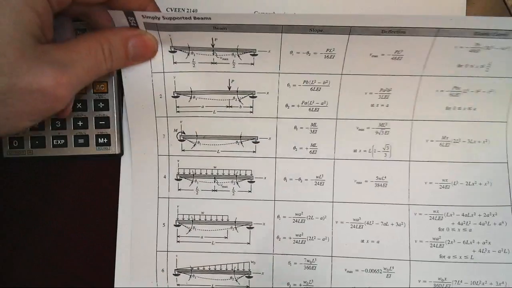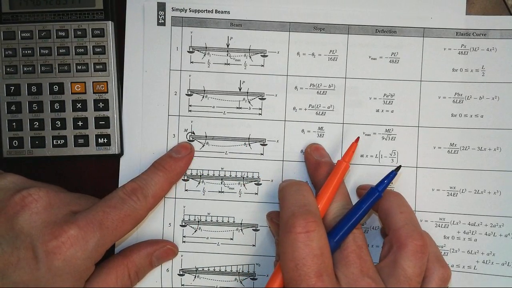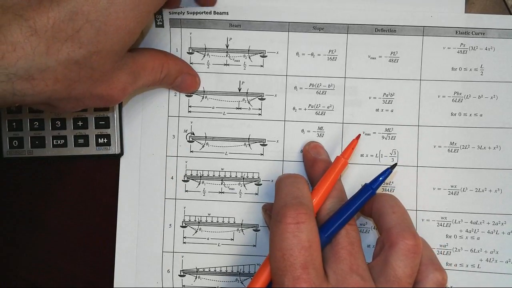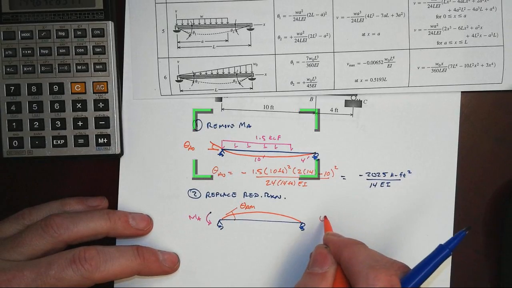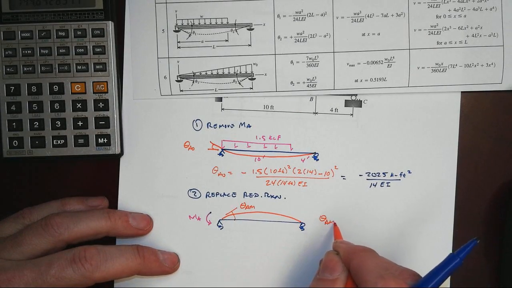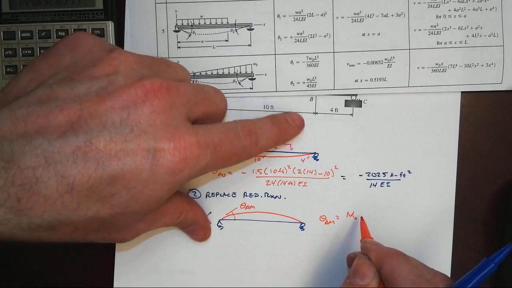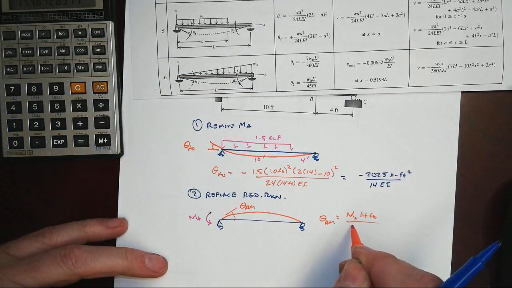And that is happily given to us right here. Notice now that this moment is opposite of what we want, so we want the opposite equation for that rotation of M L over 3 EI. So theta A M equals a positive M sub A times L of 14 feet over 3 EI.